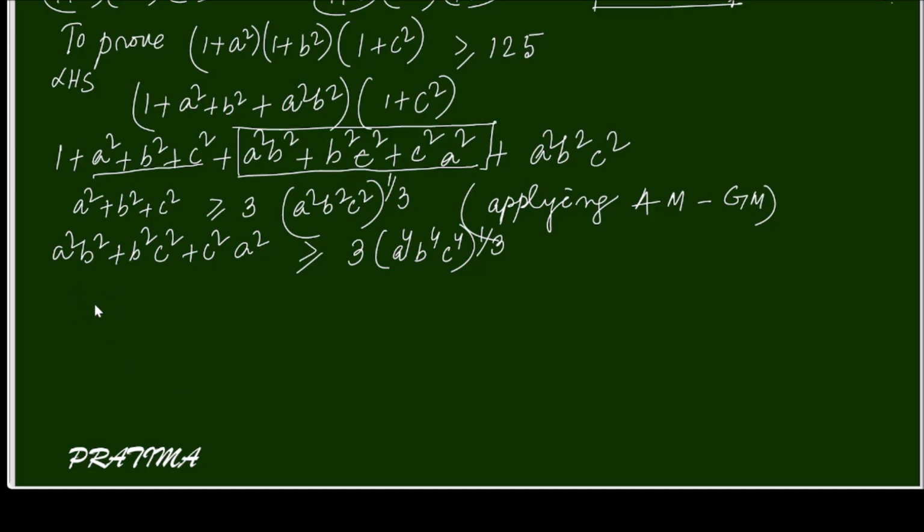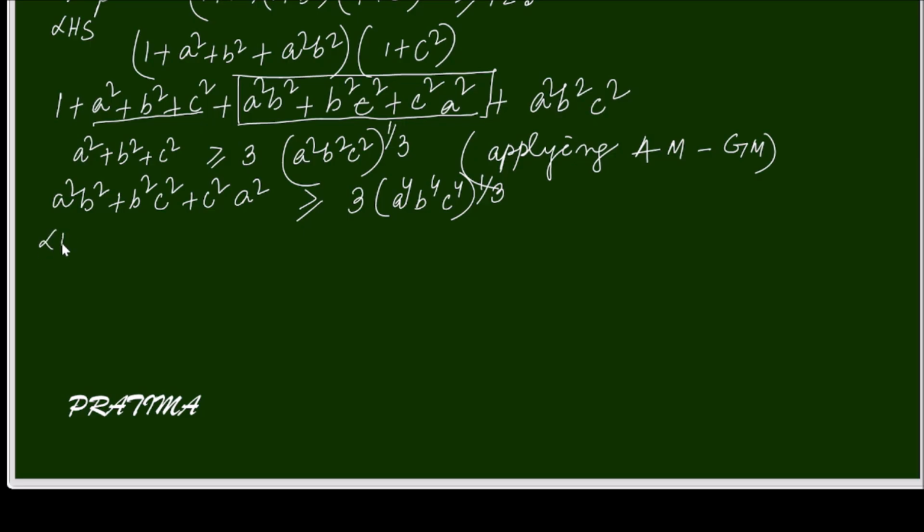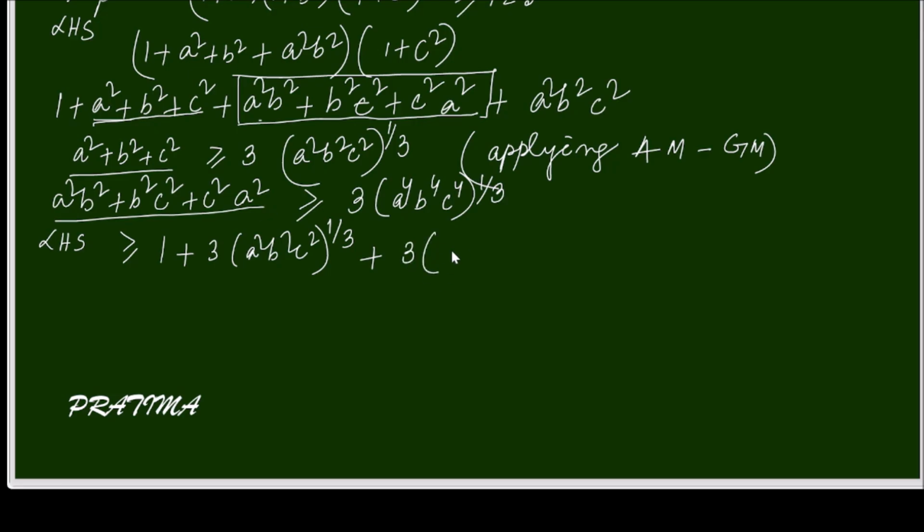So writing the LHS, it is greater than or equal to 1 plus 3 times (a square b square c square) to the power 1 by 3 plus 3 times (a square b square c square) to the power 2 by 3, plus a square b square c square, which is the same as (a square b square c square to the power 1 by 3) to the power 3.